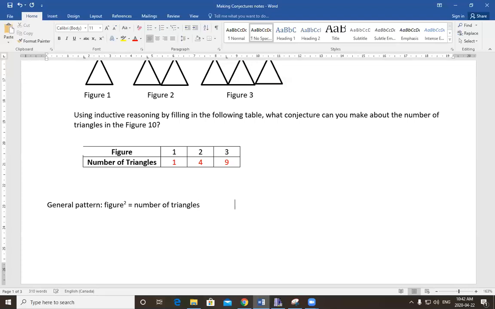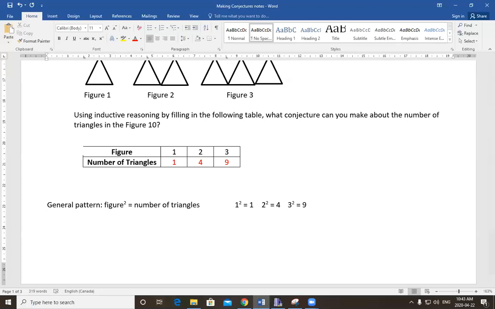Let's test that. Figure 1, 1 squared equals 1, matches. Figure 2 squared equals 4, that matches. And last but not least, figure 3, we square it, that equals 9, and that matches.